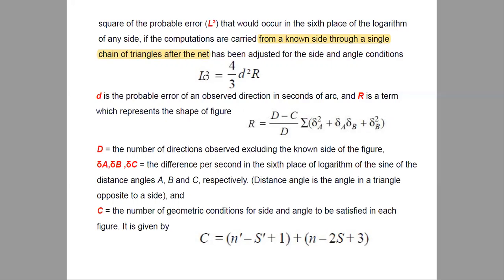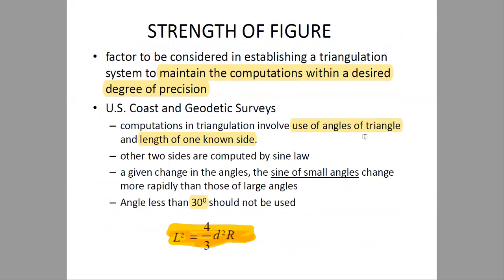So in short, this is basically the square of the probable error that would occur during the triangulation process, in which we are calculating the lengths of sides using one known side and angles.